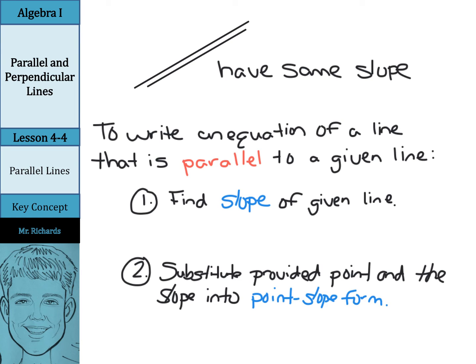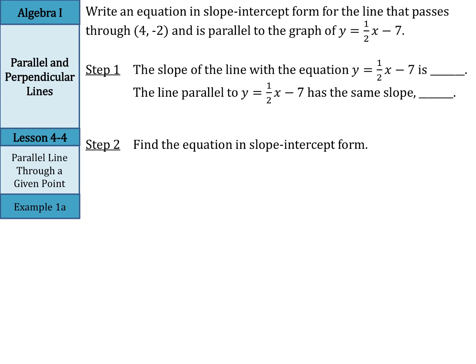The second thing you're going to do is substitute a provided point and the slope you calculated into point-slope form. In example 1a, write an equation in slope-intercept form for the line that passes through (4, -2) and is parallel to the graph of y equals 1/2 x minus 7.